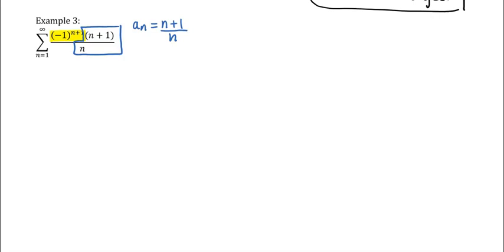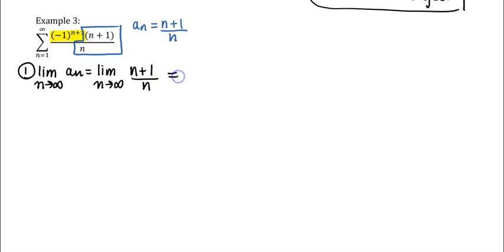If I go to check the first condition, the limit as n goes to infinity of a sub n is the limit as n goes to infinity of n plus 1 divided by n. The degrees of the numerator and the denominator are the same, so I'm taking the ratio of the leading coefficients to conclude that this limit is 1, which is not 0.